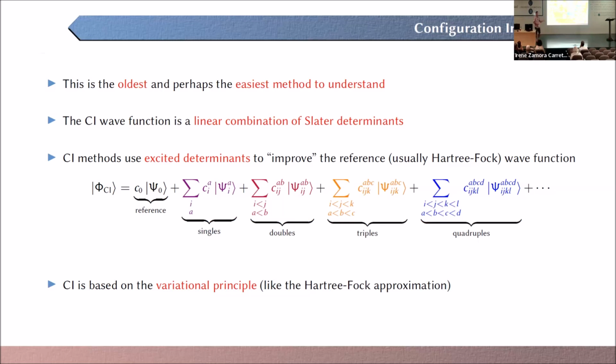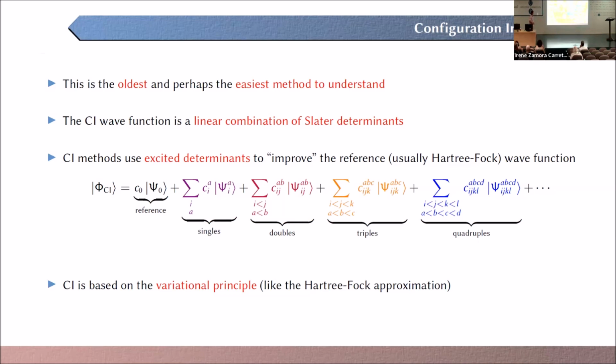And basically what you're going to do in configuration interaction is try to improve a reference wave function, which is usually the Hartree-Fock reference, by including excited determinants that we call the singly excited, doubly excited, triply excited, and quadruply excited, and so on, until you basically run out of memory in your computer or CPU time.